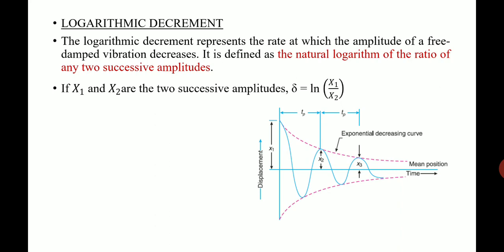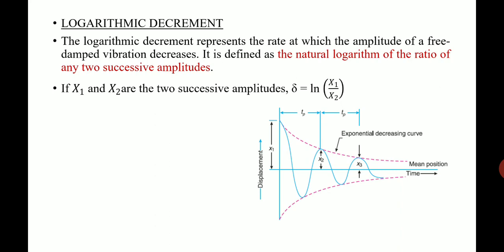You can also see in the figure that even though there is a decrease in amplitude, if you join the crests or the troughs, those lines also follow an exponential decrease curve, which means, as we have seen in the solution, e raised to components are there, so there is an exponential decrease in the value of amplitude, as shown in the figure.